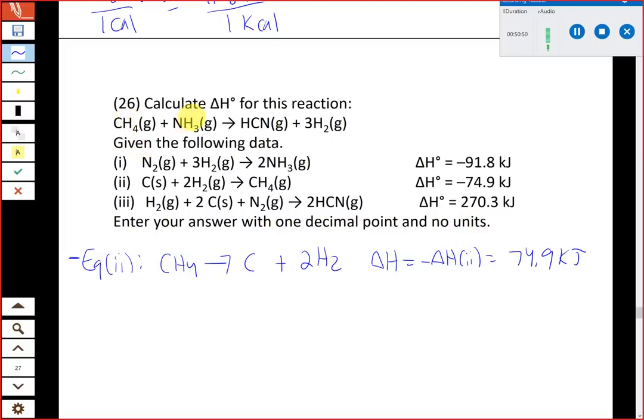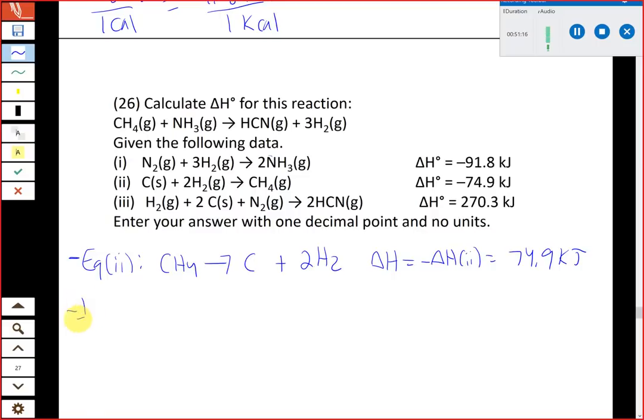The next reactant that we need is NH3, and we'll see that NH3 appears in equation 1 that's given to us down here, but it appears on the product side and with a coefficient of 2. So what we're going to do is flip equation 1 and multiply all the coefficients by 1/2, so that this coefficient of 2 becomes a coefficient of 1, as it's supposed to be in the reaction that we're going to calculate delta H for.